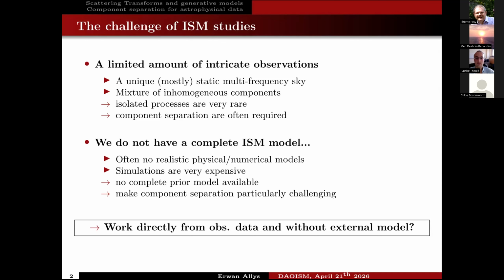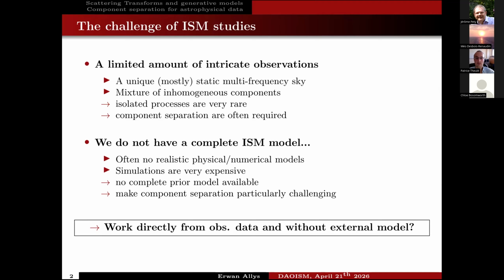The difficulty when you do component separation is that, in the era of machine learning, if you have a very, very nice model, there are super cool ways to efficiently perform component separation and inverse problems. But you need to have a very good, realistic model. At least for what concerns the spatial structures of the ISM, we don't really have a complete model.